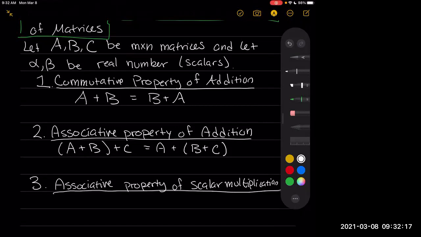So what this means is if we had alpha times (beta A), that's the same as (alpha beta) times A. So we can either scale the matrix by a scalar first and then a second one, or we can multiply those two scalars and scale the entirety of A by them.